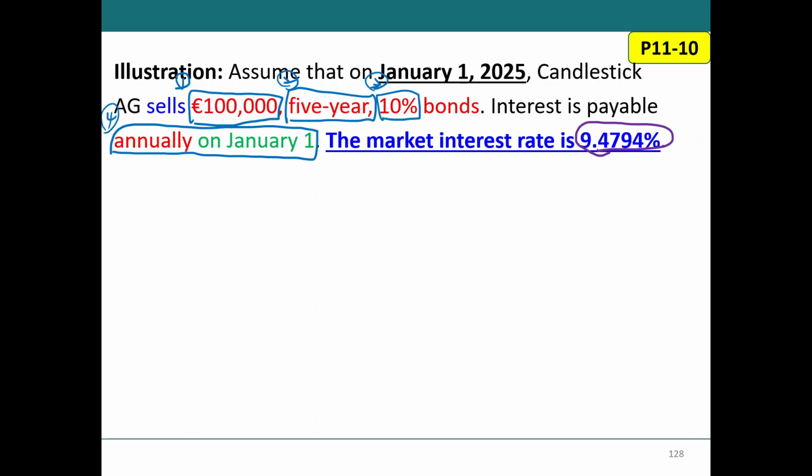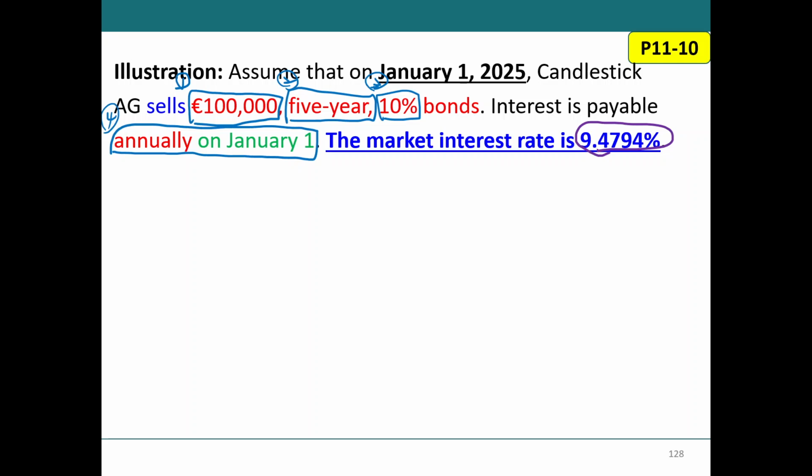Issue at premium, right? Why? Because your promise is 10%. What they want? 9.4794%. You provide higher than what they want, right? So you can sell your product with higher price because they think your product is good, okay?